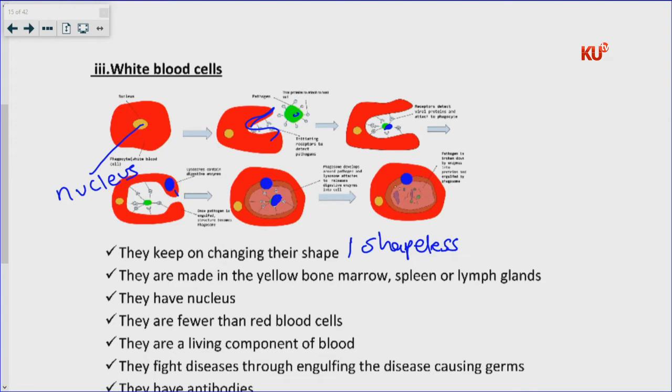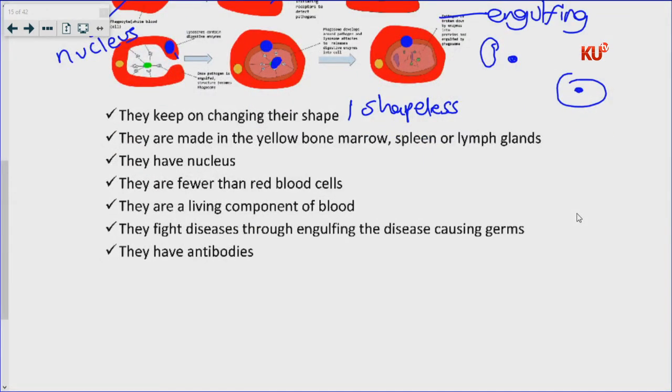Then the white blood cell completely closes, and then the germ is killed and destroyed. This is what is referred to as engulfing. So we have the germ, we have the white blood cell. Finally, the germ gets into the white blood cell and it is destroyed completely. That is what we call engulfing.